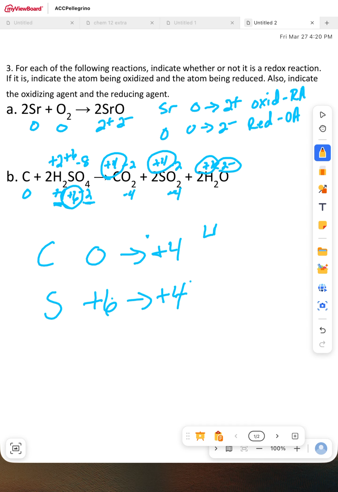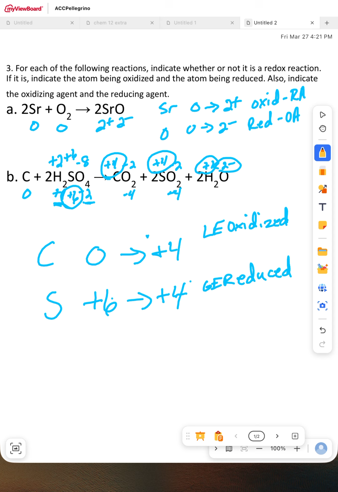So remember our LEO, lost electrons, oxidized. So our carbon was oxidized. Our sulfur became more negative, was reduced down, so it gained electrons. Gained electrons is reduced, remember, or GER.